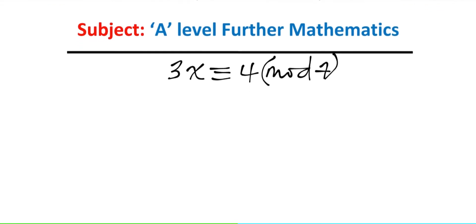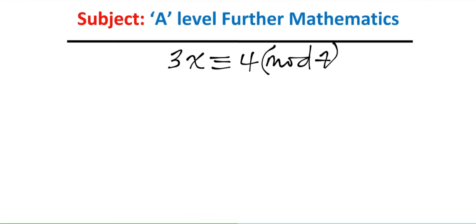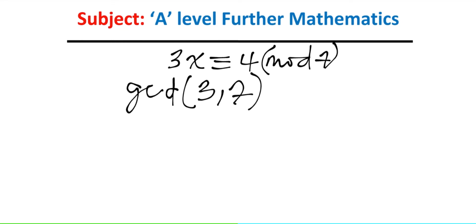The first thing, in order to use the shortcuts that I'm going to present, is to find the GCD of the coefficient of x, which in this case is 3, and the modulo, which in this case is 7.